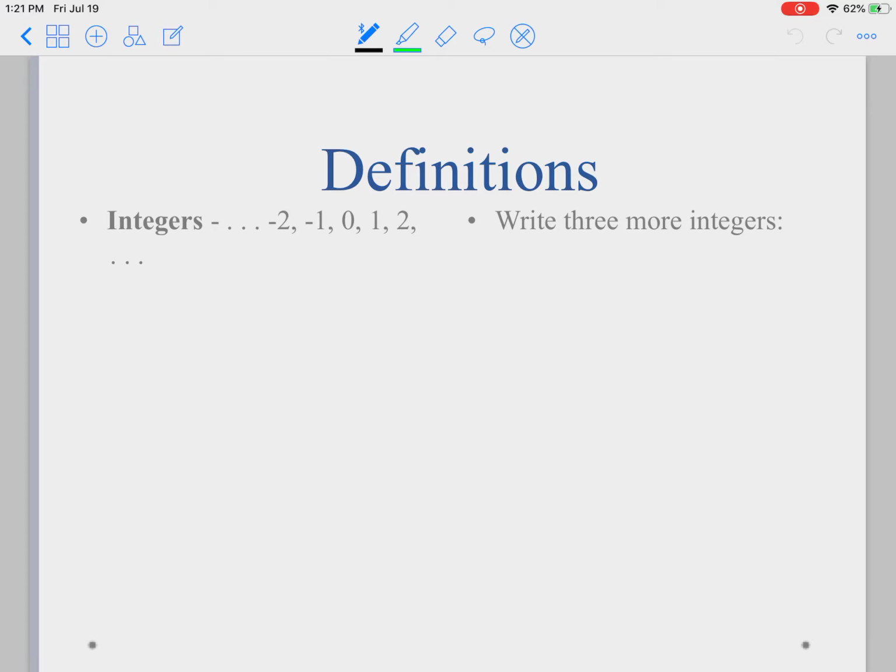Our third classification, integers. Take a moment, see if you can recognize what additional numbers are included inside of this set. You may have recognized or noticed now that we have negative numbers included.